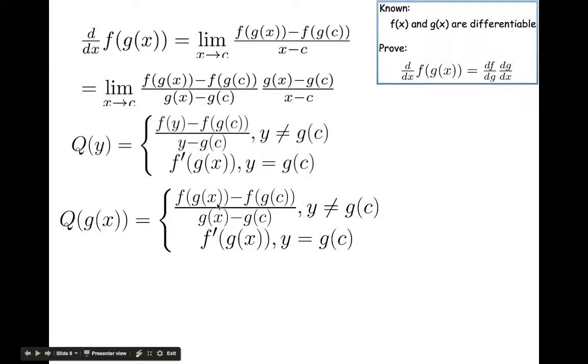So when g of x is equal to g of c, you notice this numerator right here is equal to 0. So the whole thing will be 0 anyway. So as long as we get rid of this dividing by 0 in the denominator, the whole thing just goes to 0, which is all good. Doesn't matter what we have here in the q.